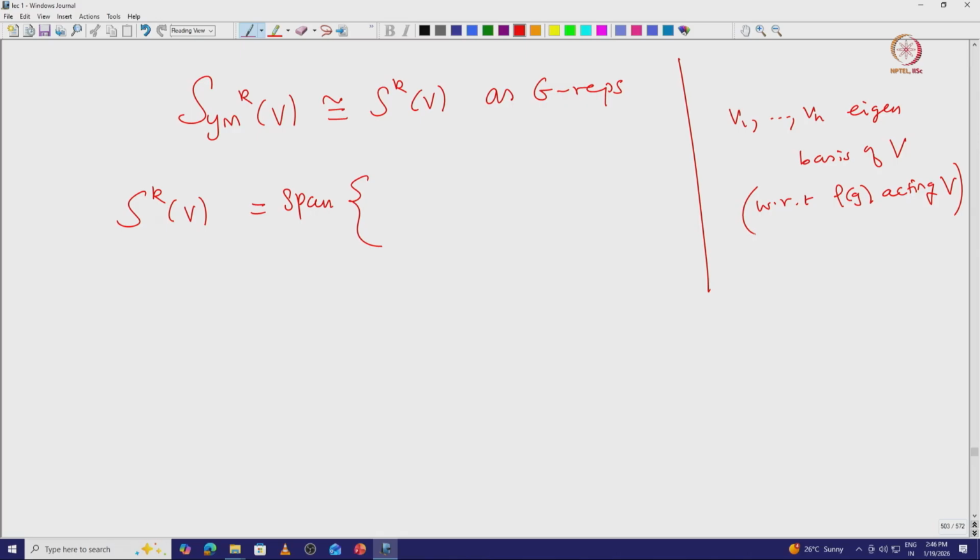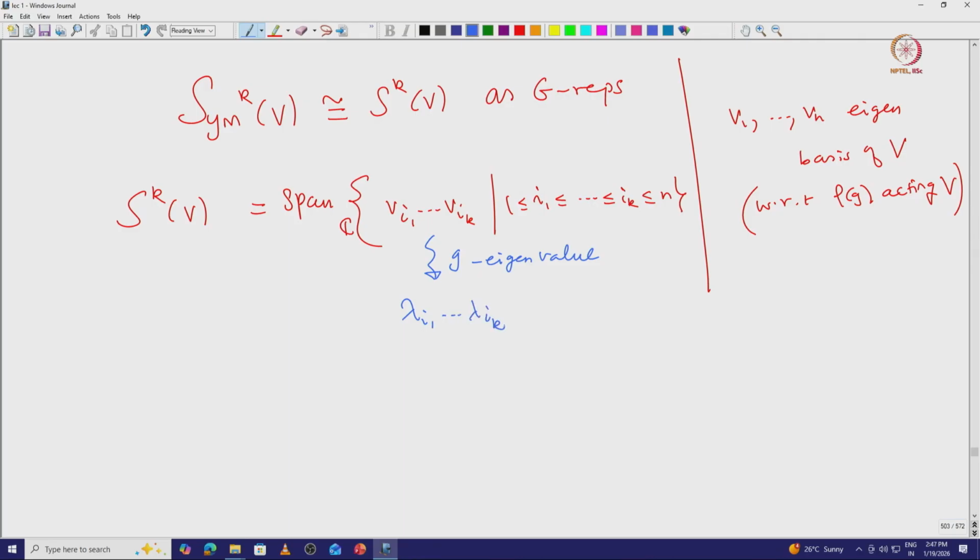Now, if this is indeed the eigenbasis, it is not very hard to see that v_i1 times etc. v_ik, where the indices are arranged in increasing order from 1 to n, will form a basis for this S^k of V, and that is indeed an eigenbasis for S^k of V, with the corresponding eigenvalue being the product lambda_i1 etc. lambda_ik.